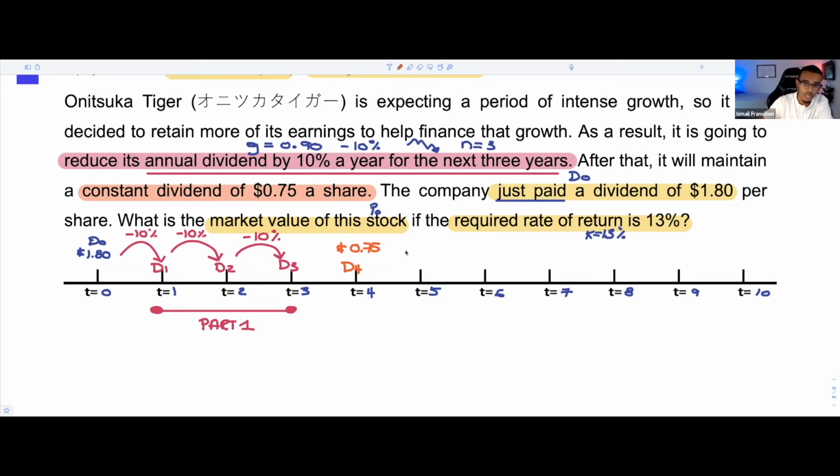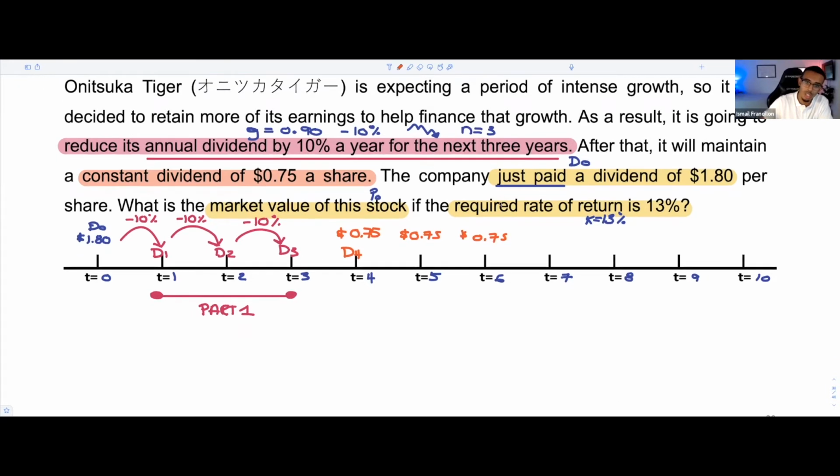And that 0.75 is going to happen forever, all right? I'm obviously not going to write every single one of them. That would be wasting your precious time. But it's important to know that this is going to occur forever. Okay. Part 2, constant.